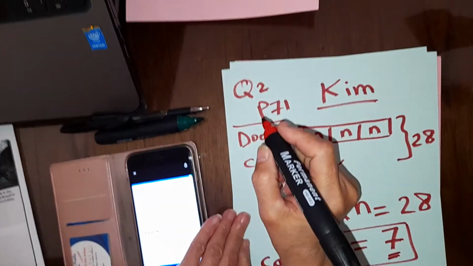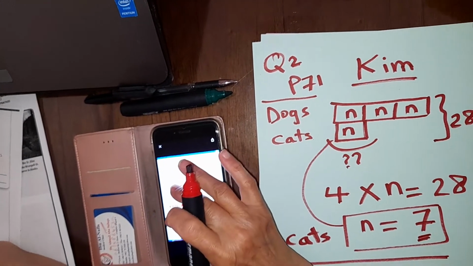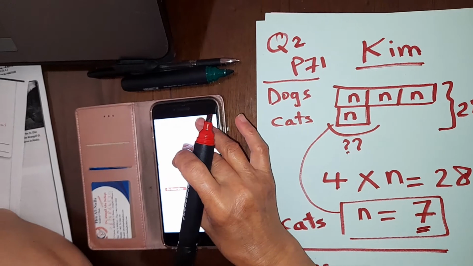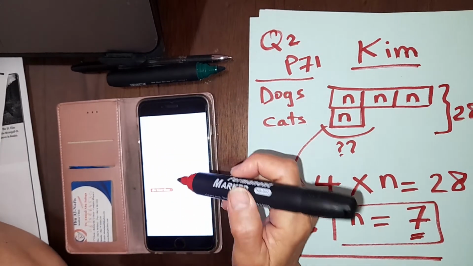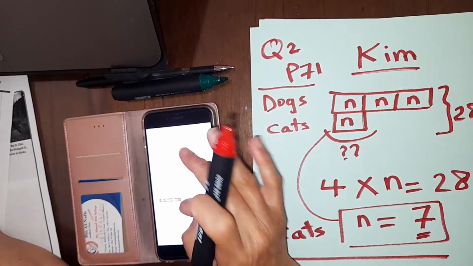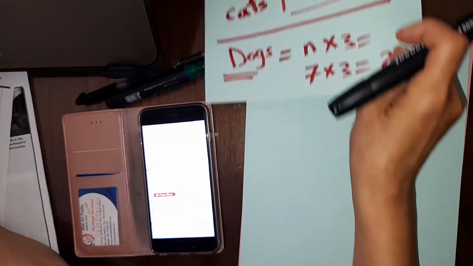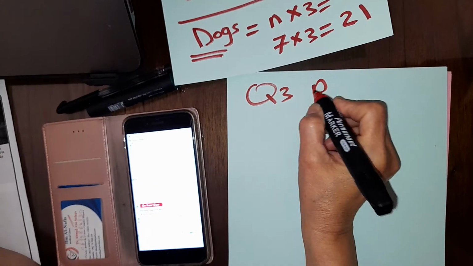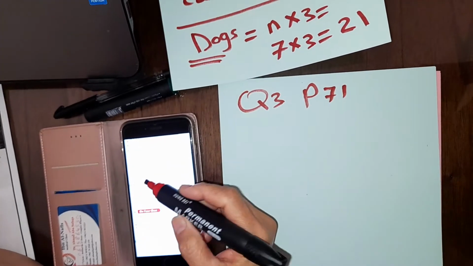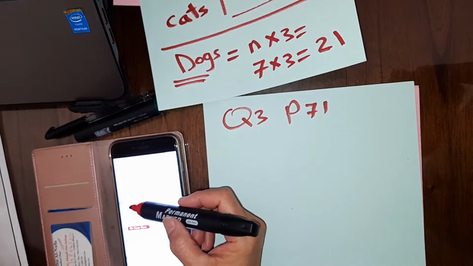Okay, 71. Let's go only to question number 3 and we'll finish. They said how many more dogs? When they say how many more, what should I do? Yes, you are correct. I will subtract. So to solve question 3, page 71, they said how many more dogs than cats did she train?